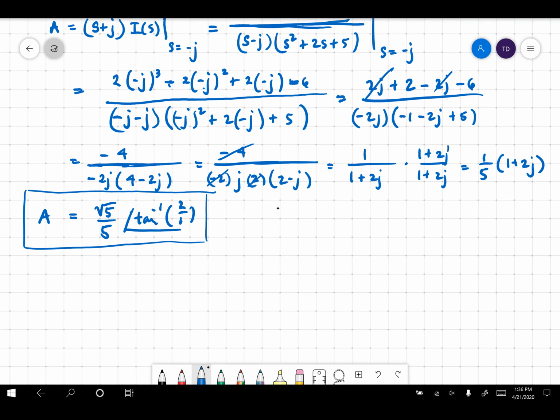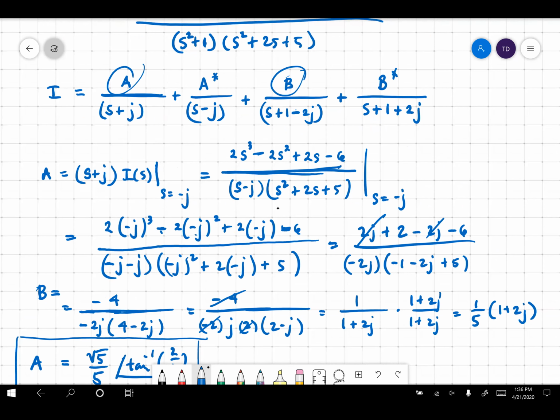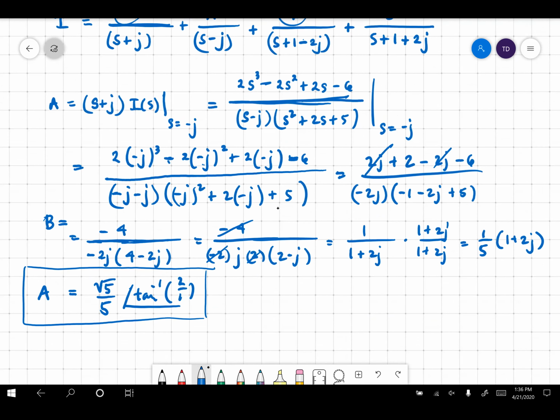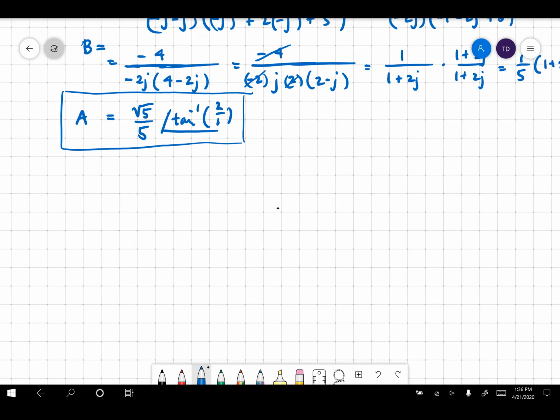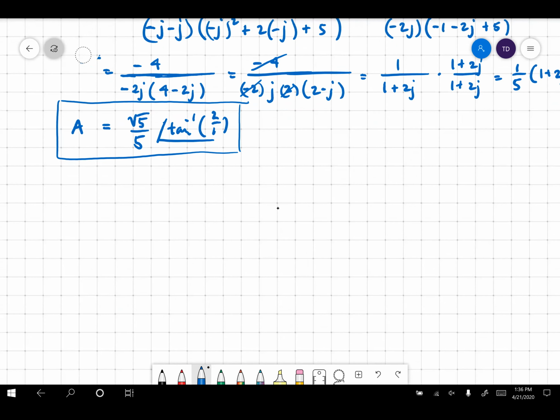To solve for B, let's see if we can remember what we had there. We had the terms written out. I'm multiplying through, so I'm going to have the S squared plus 1 in the denominator. Let's first get that numerator, 2S. Gosh. Excuse me for a second. Put that to voicemail.